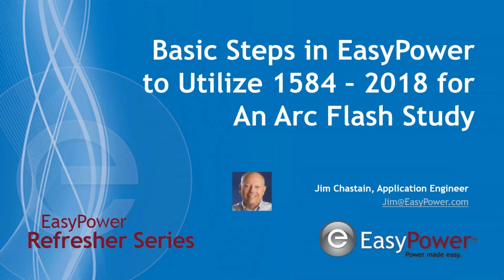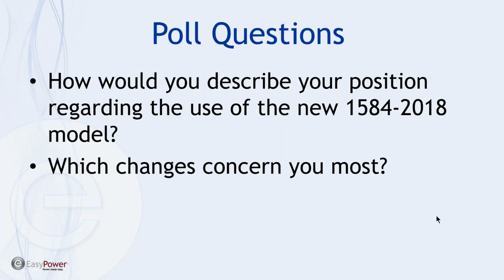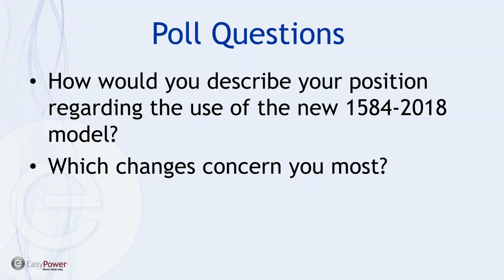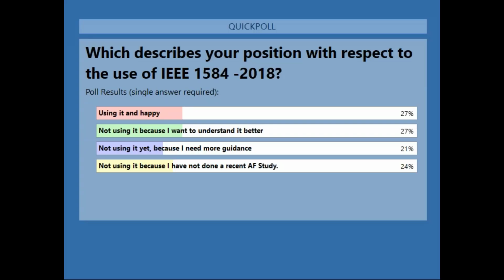And as we are in the habit of doing, I'd like to start with a couple of poll questions to get some feedback from the audience. So if you would please participate and share your perspective on the topic. First is with regard to utilizing the new standard. What is your current position? Let's share those results.